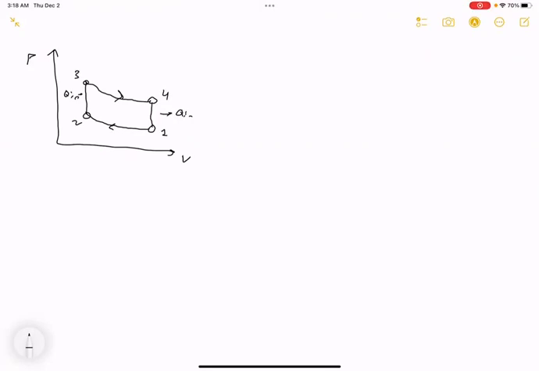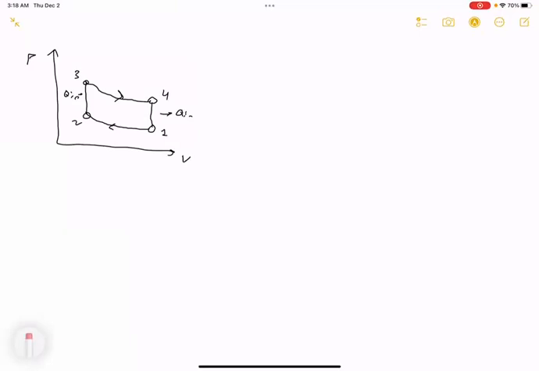In any Otto cycle, you're going to have the highest temperature and the highest pressure right before the expansion. So at state 3 is what we're talking about. And that also goes for Rankine cycles and for Brayton cycles as well. So we have the highest temperature, highest pressure at state 3. So let's figure out what that is.